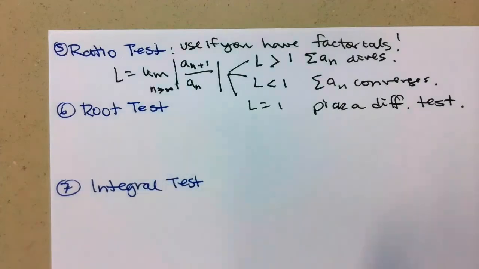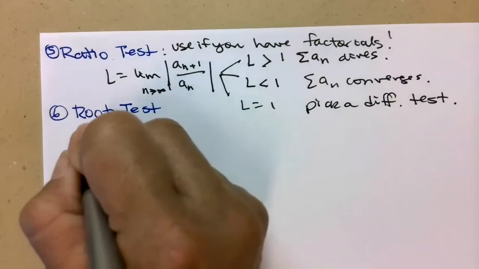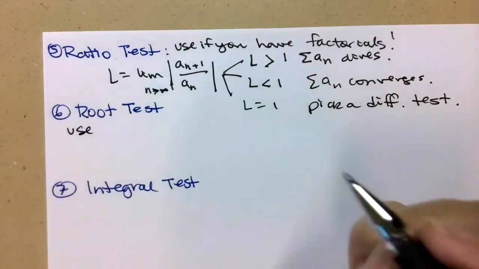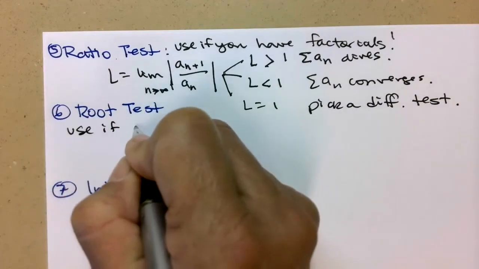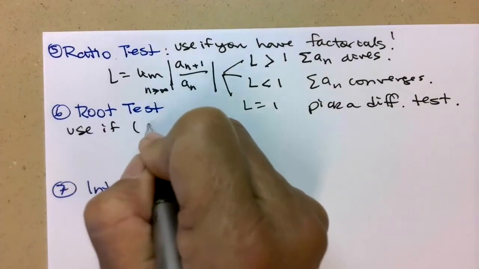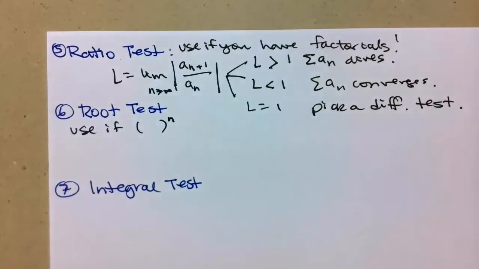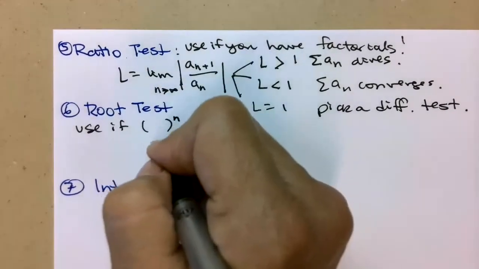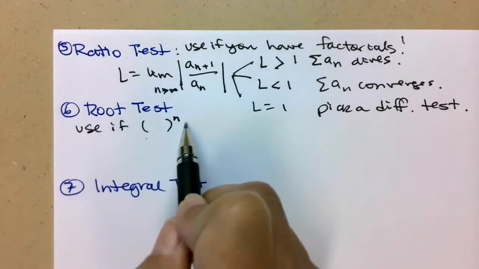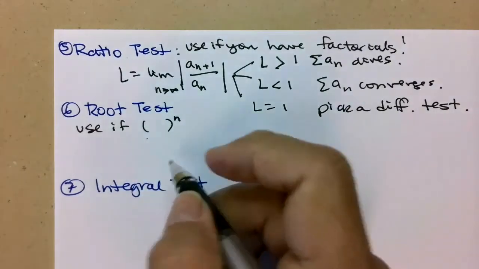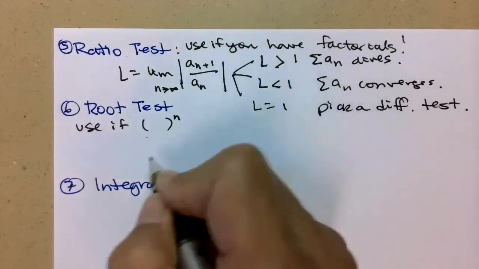Okay. Root test, well, where are you going to use that? Choose this one if you have something raised to an nth power. So if your expression in here is all raised to an nth power, then this root test works really well. And the way we do this, it's another limit.